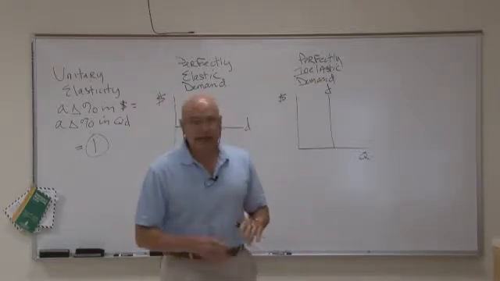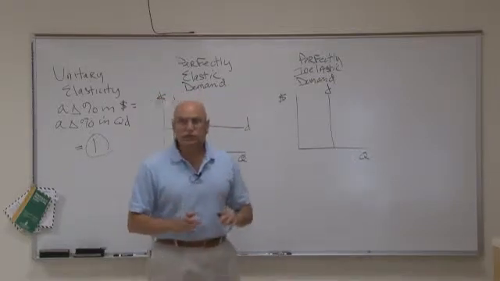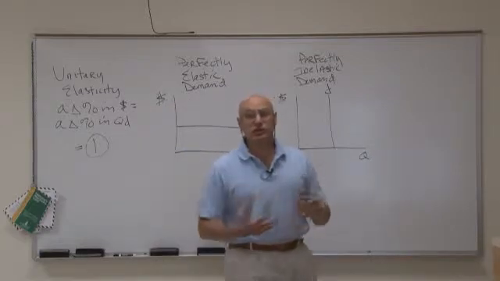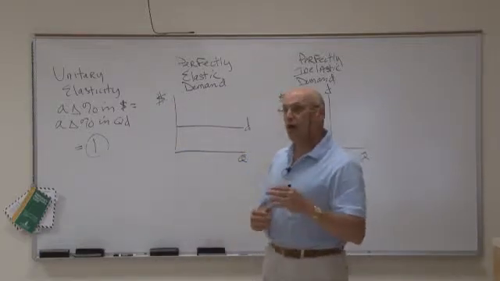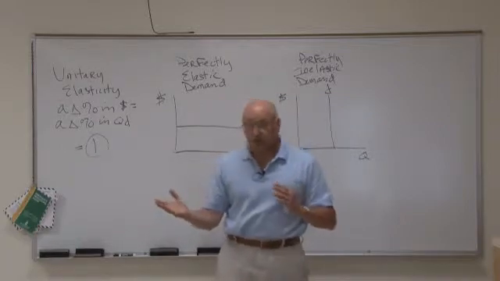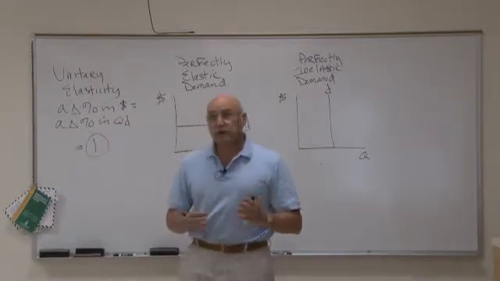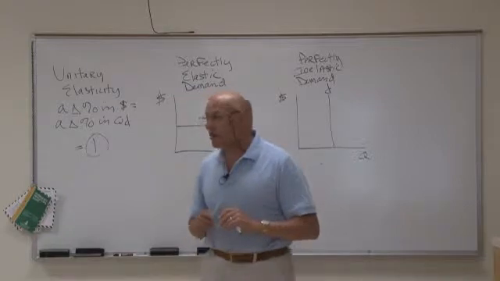It's a very special case, and I'm not going to go any further into it. Just realize that it is a special case of elasticity where I'm not losing anything, but I'm also not gaining anything. So just be aware that it's there.